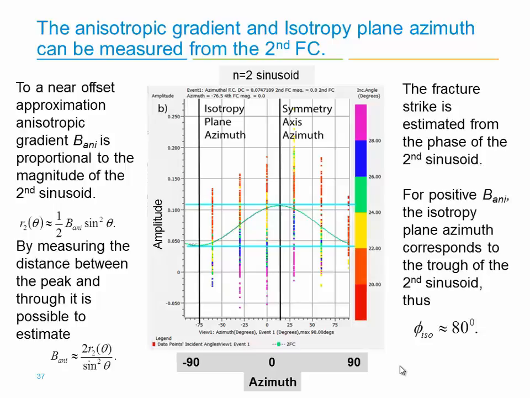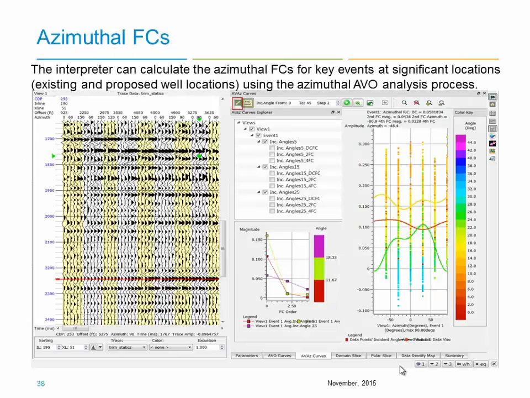The other thing you can look at is the phase of the trough. So for positive B ani, this turns out to be your isotropy plane azimuth, which is the same as your fracture strike in the case of positive B ani. And so just looking at this gives you quite a bit of information about the type of anisotropy you have within your data.